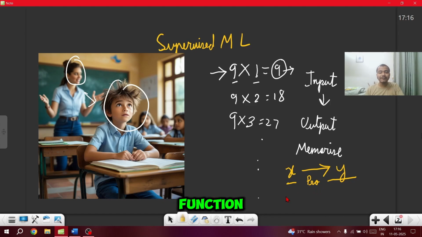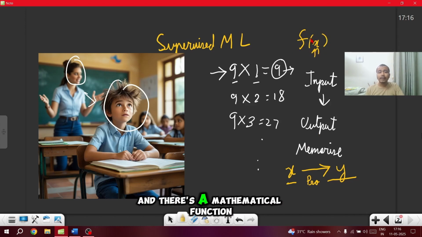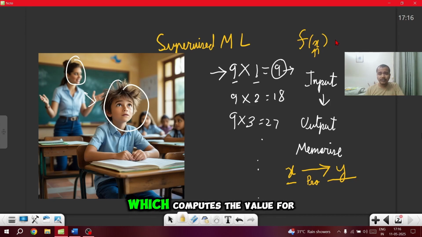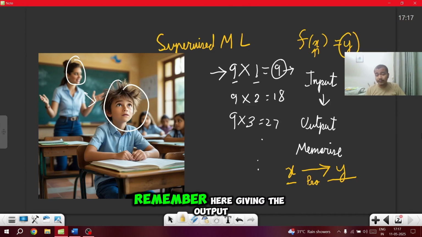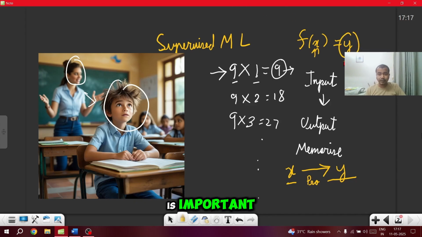Yes, we call it a function. So we have f of x where x is the input and there's a mathematical function which computes the value for respective x and gives us the output. In supervised machine learning, we give the input x and we also give the output y. Remember, here giving the output is important.